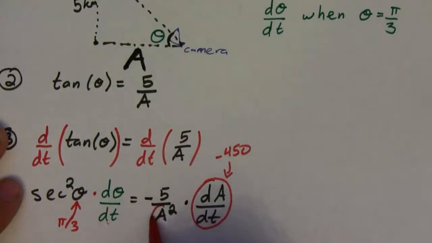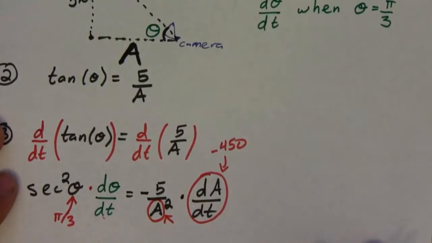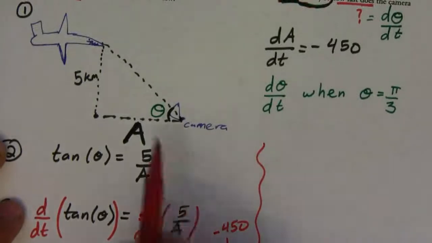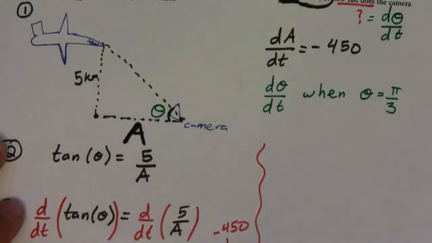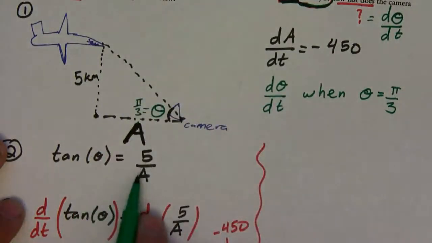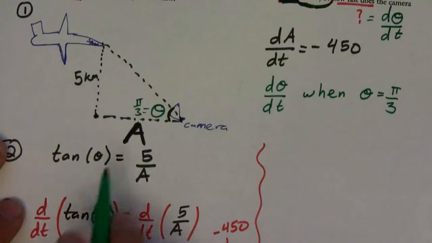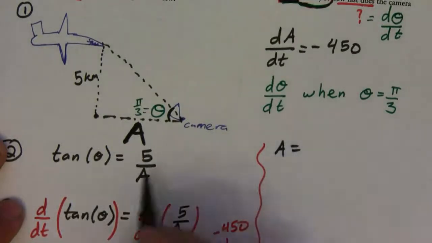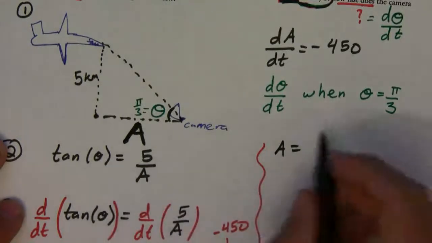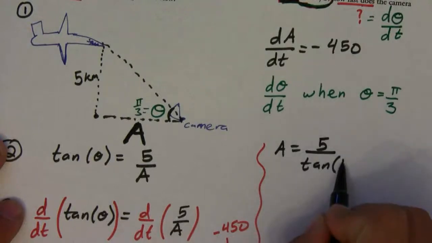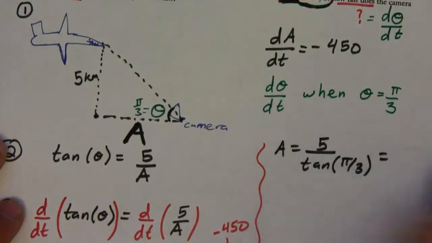And A, well, I don't know what A is. But if I know that theta is going to equal now pi over 3, well, I could use my original formula to figure out what A is. If I take a look at my original tangent, well, A is going to equal, if I just crisscross these, I'm going to get A is equal to 5 over tangent of pi over 3.